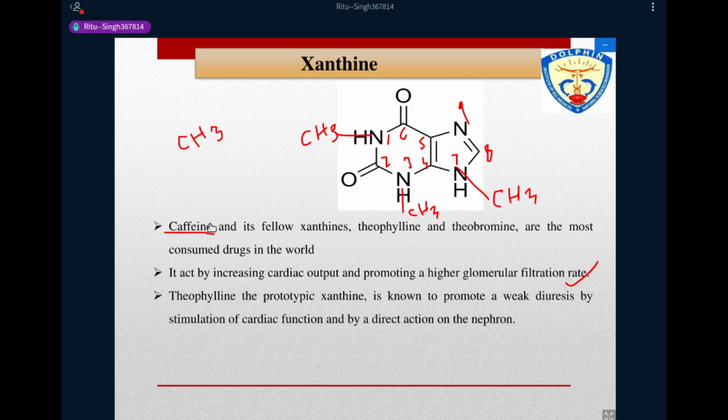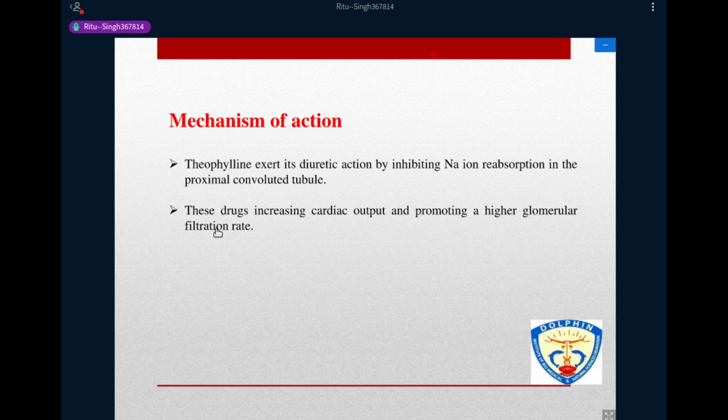Okay, now we discuss the mechanism of action of these xanthine derivatives. Theophylline exerts its diuretic action by inhibiting sodium ion reabsorption. So sodium ion reabsorption is inhibited, and sodium ions can easily be excreted with the help of urine from the body.